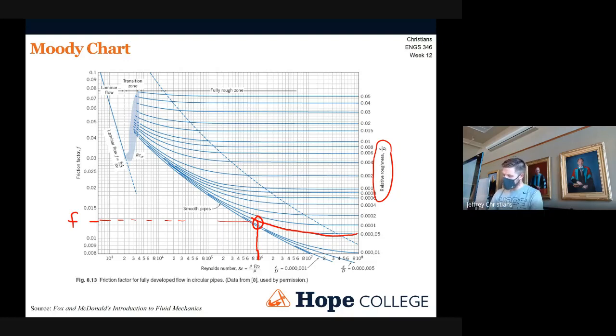You can see basically all of the relative roughness curves end up falling on this line here if they're really smooth. What counts as really smooth depends on Reynolds number. But if your pipe has a very low relative roughness, you might fall along this line, and then it's fairly straightforward to calculate.